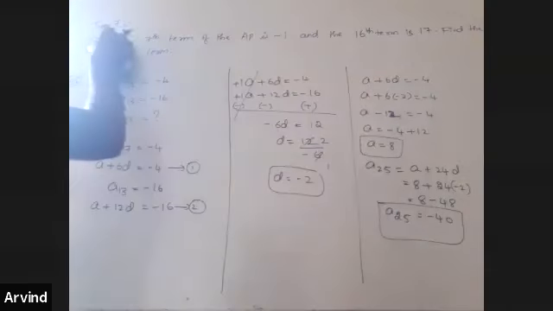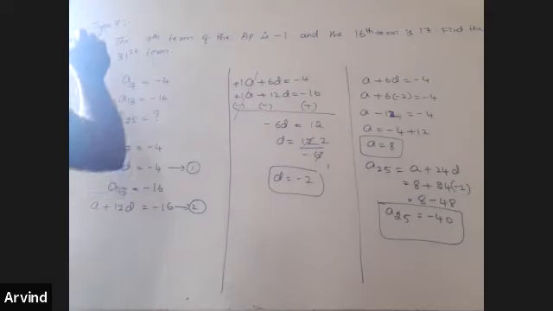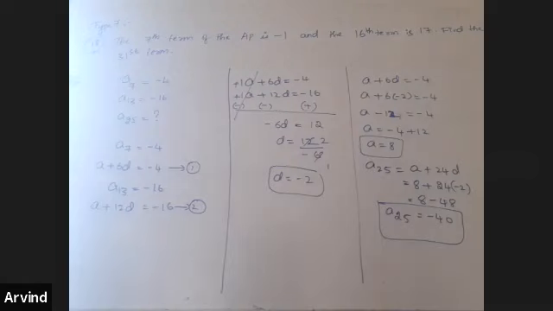Find the 31st term. I've given you the next one. The 7th term of the AP is minus 1. 16th term is 17. Find the 31st term. Exactly similar problem. Try to do it.